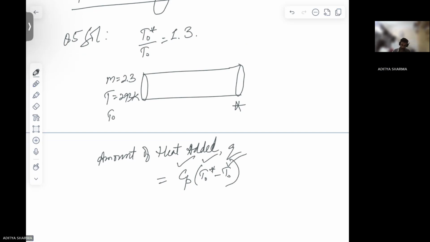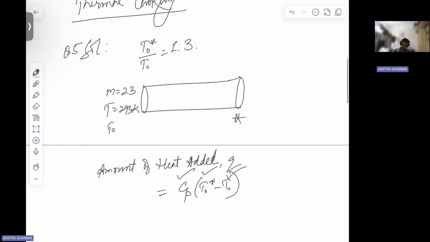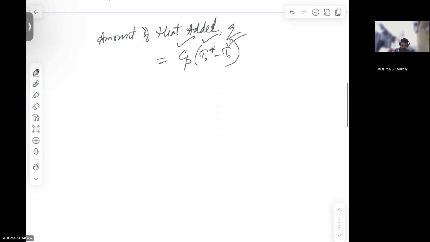Cp is given, and T naught star we also do not have. But because we have this ratio, once we have T naught, we can find T naught star. So first, using the isentropic relation, we will find T naught. T naught by T is equal to 1 plus gamma minus 1 by 2 M square.